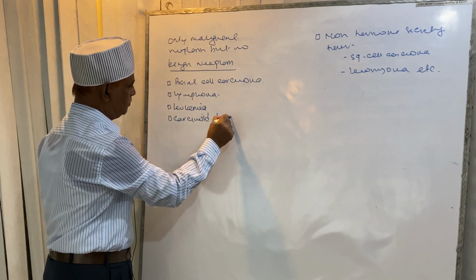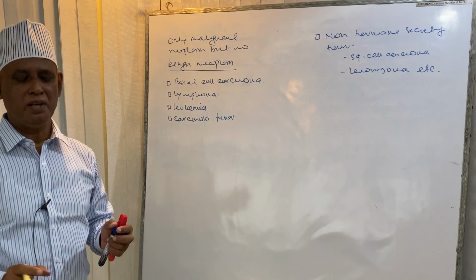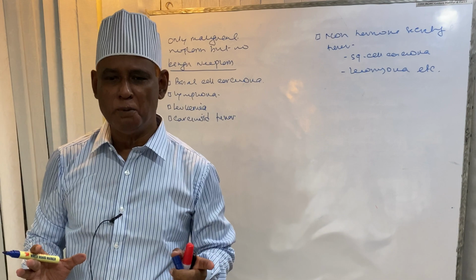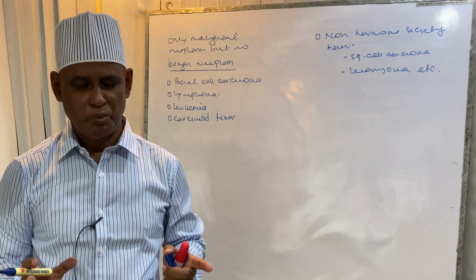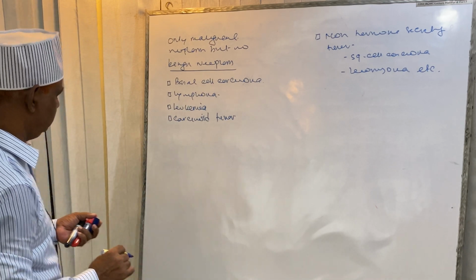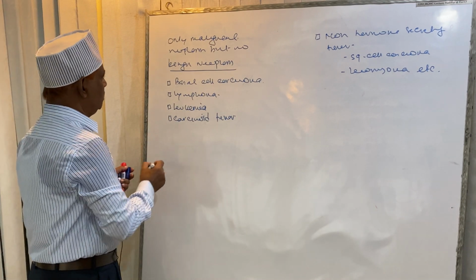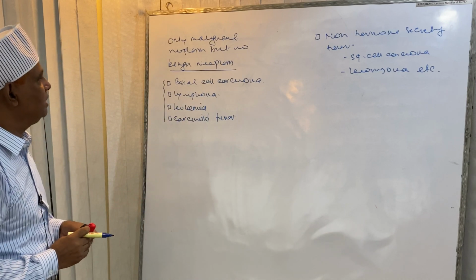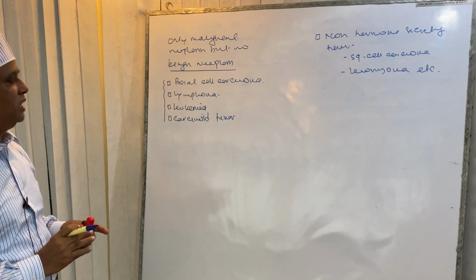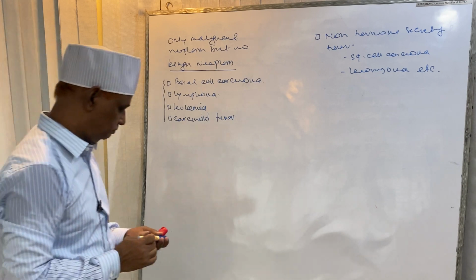Carcinoid tumor, a malignant tumor of APUD cell system or neuroendocrine cells, there is no benign part. So briefly, these are the only malignant neoplasms where there is no benign part.